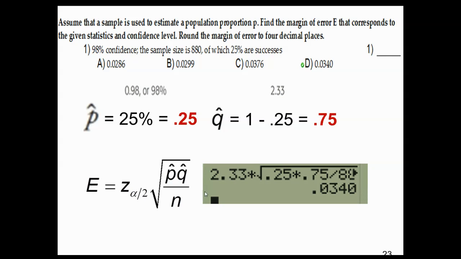So my z is 2.33 times the square root of p hat, 0.25, times q hat, 0.75, divided by n, and n is given to me here as 880. You're not seeing the 8 and the 0 because of the limitation of the calculator. All right, pressing enter, you can see the answer is right on the money, 0.0340.